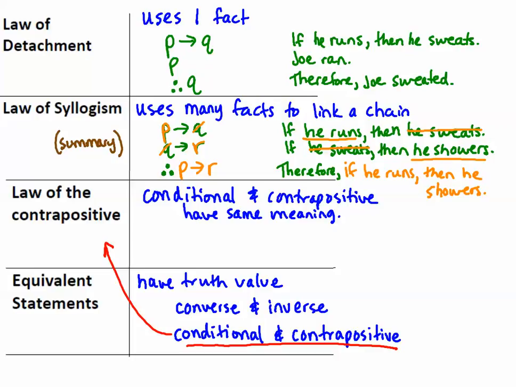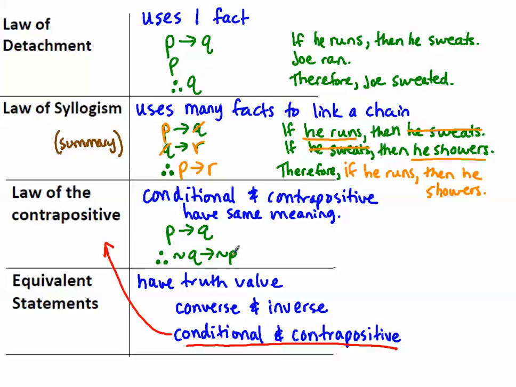In symbols, what that looks like is if P then Q is a true statement, then I can conclude, so therefore, not Q, then not P is a true statement. This is the contrapositive of the original, therefore this must be true as well.